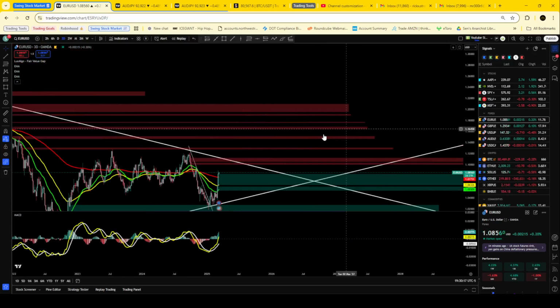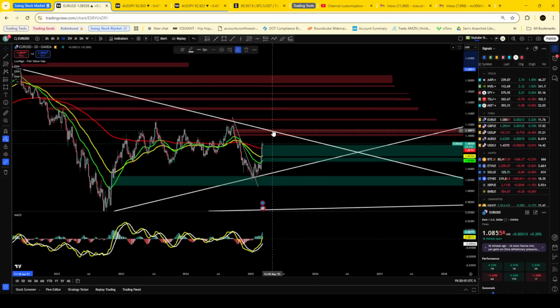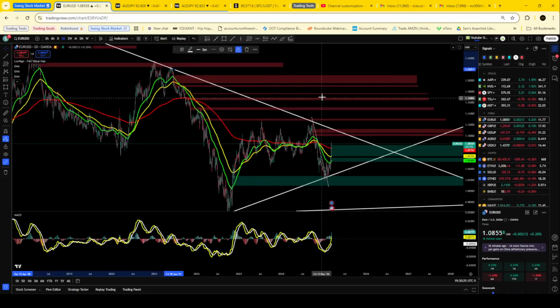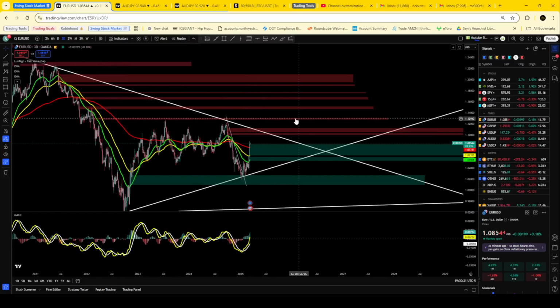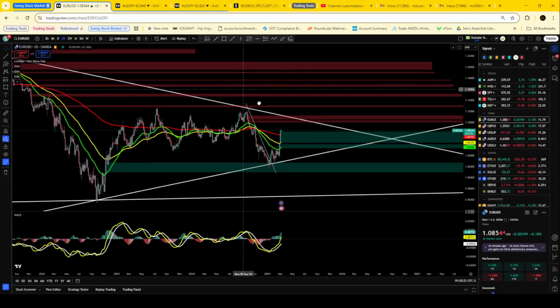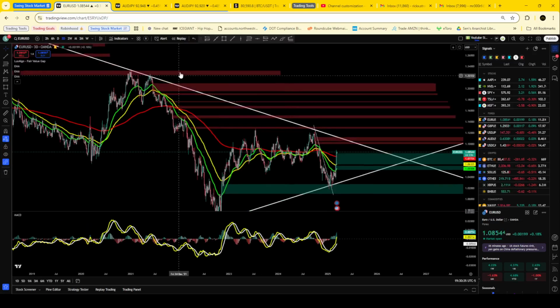Now, for a good trend break, I am looking for price to break here. This is what I'm looking for. And patience is key. Always wait till the candle has closed.